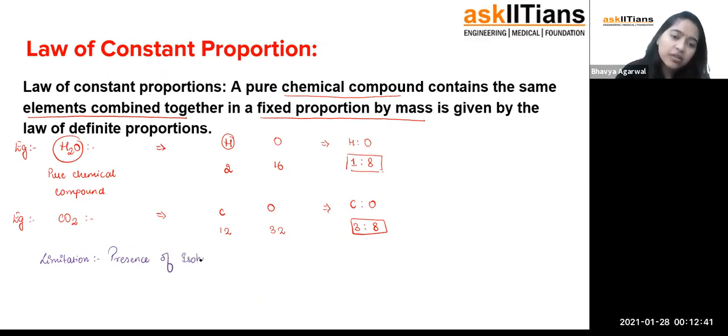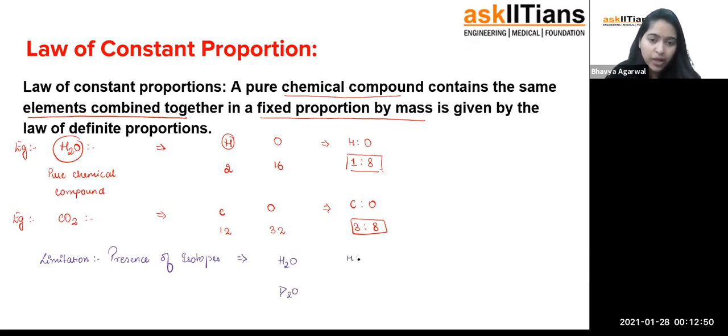For instance, if you have normal water and deuterated water, heavy water. So here, the hydrogen to oxygen ratio is 1:8, as we have calculated before.